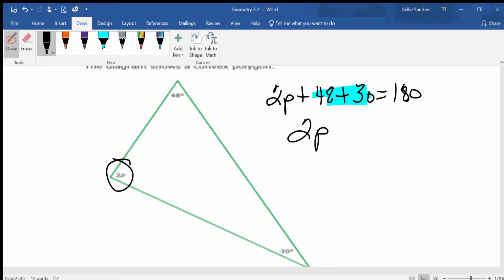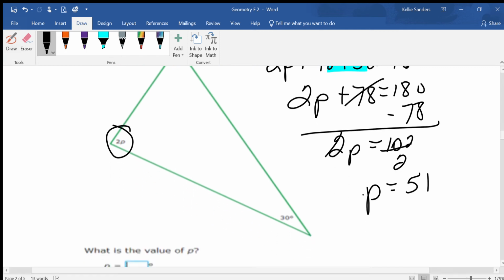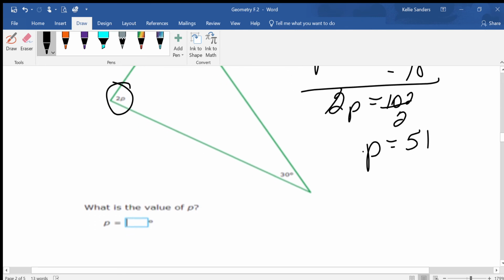The 2p comes down. 48 plus 30 is 78, equals 180. Subtract the 78, which is 102. Divide by 2, and it is 51. Let's make sure we've answered the question. What is P? Did we find P? Yes, we did. So it'd be 51.